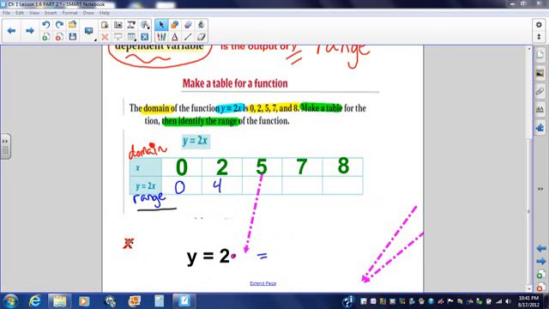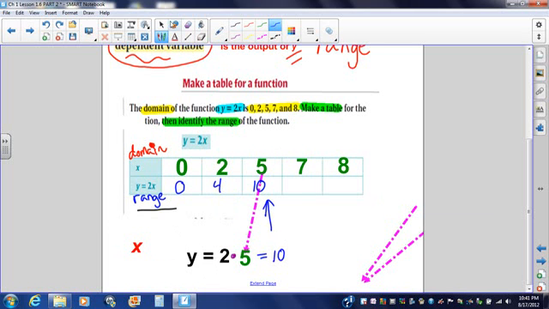Again, I will substitute 5 for the letter X. So take out the X, put in a 5. 2 times 5 gives me 10. Hopefully now you're getting the hang of this. So I'm going to pause this. You go ahead and finish the rest of the table.